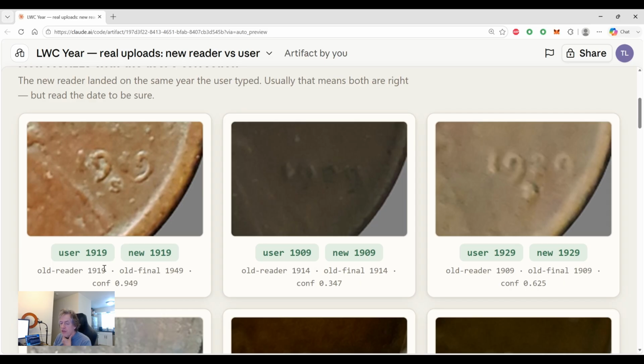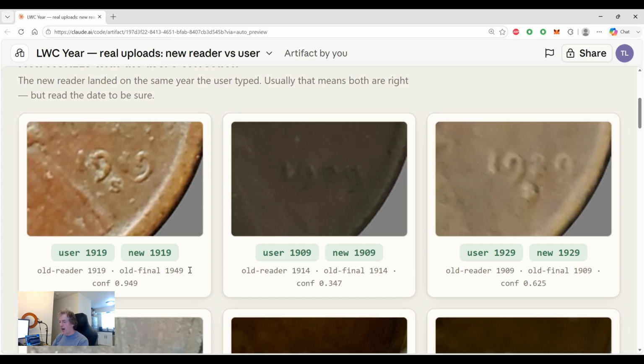The old reader said it was a 1990, but it actually came back as a 1949. What happens is there's a couple different AIs that take a look and come to a consensus on what the year is. In this case, clearly the year reader, which is basically doing OCR, optical character recognition, is correct.